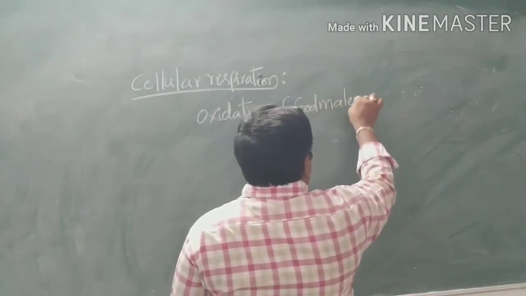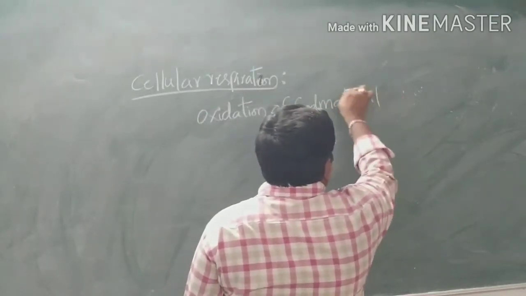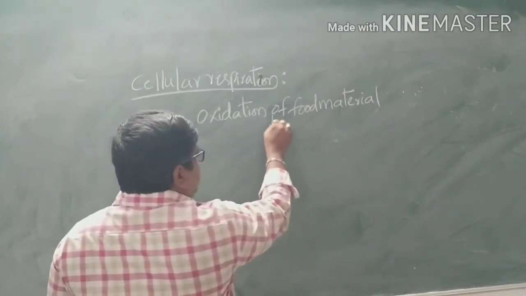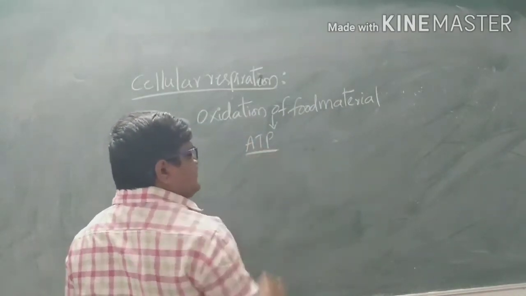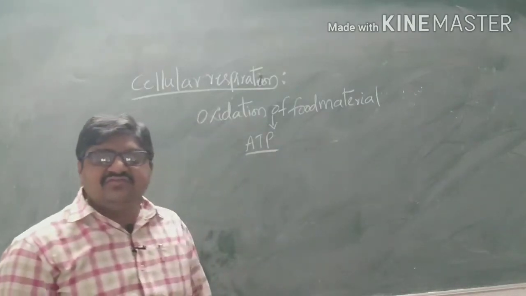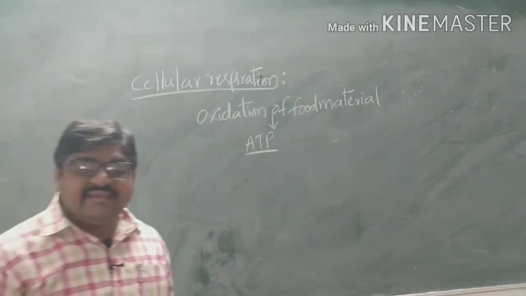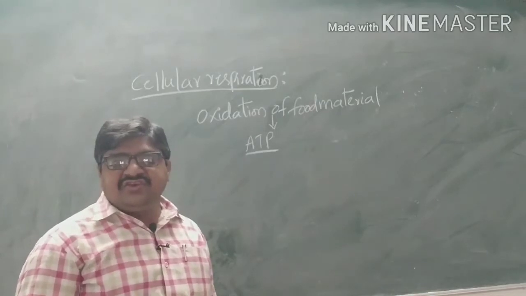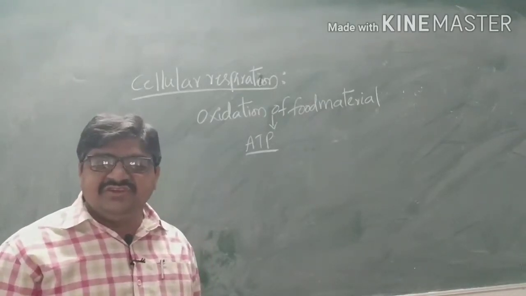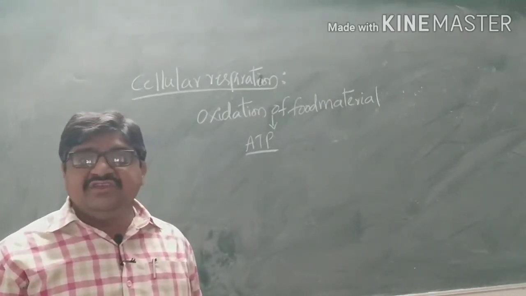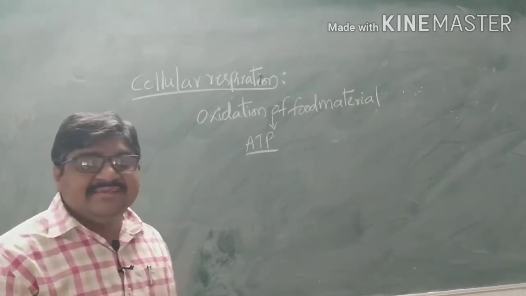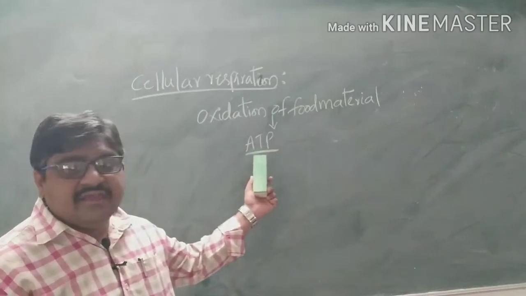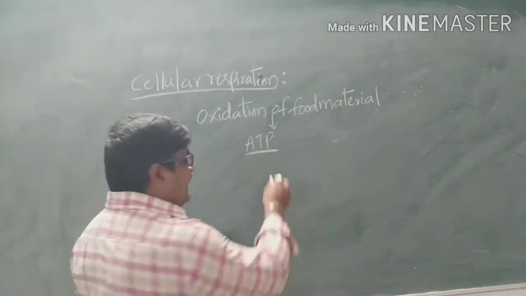When oxidation of food materials takes place, it produces ATP. The changes take place in the cell, and the cell utilizes this energy for its metabolic activities.